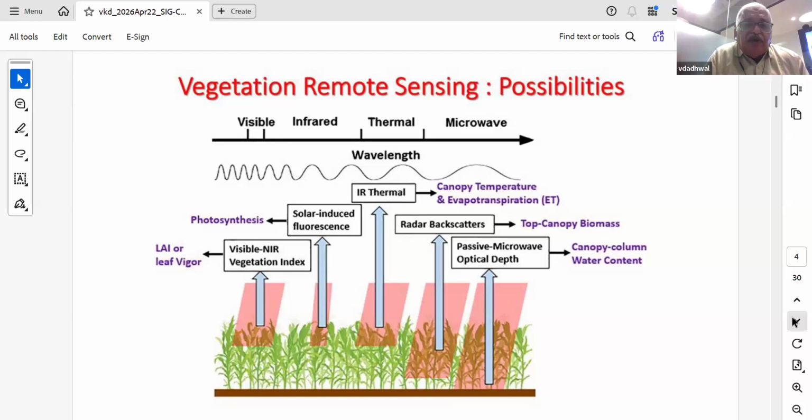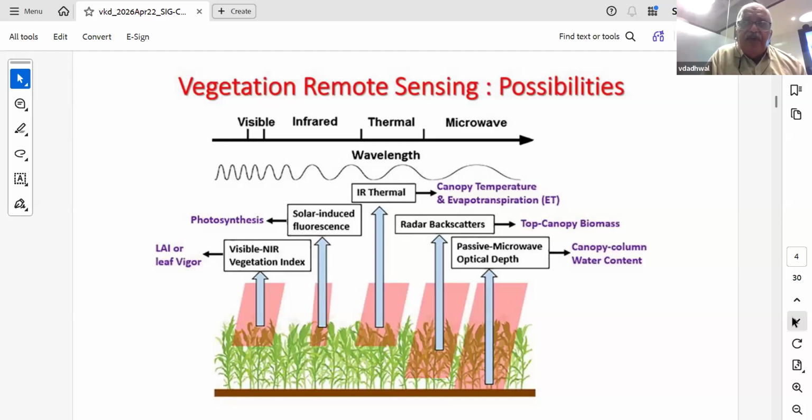When you move to 12 to 14 micron, you actually get the LST, thermal infrared, and there it allows you to compute the flow of water through the vegetation, because that cools the vegetation, and you can compute evapotranspiration.